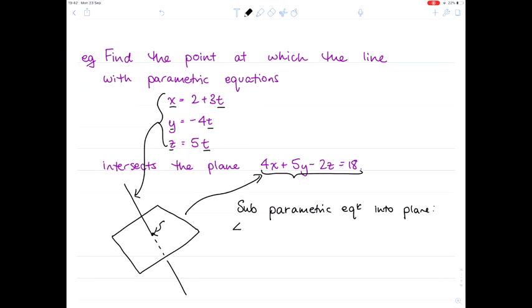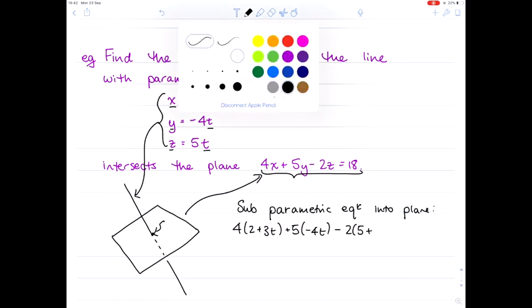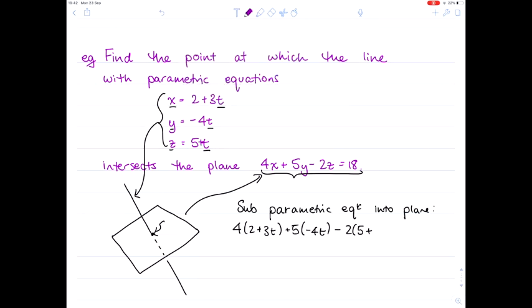So we've got 4 times 2 plus 3t, plus 5 times minus 4t, minus 2 times 5 plus t. Whoops, I've left out a plus here. 5 plus t, and we know that that needs to be equal to 18.